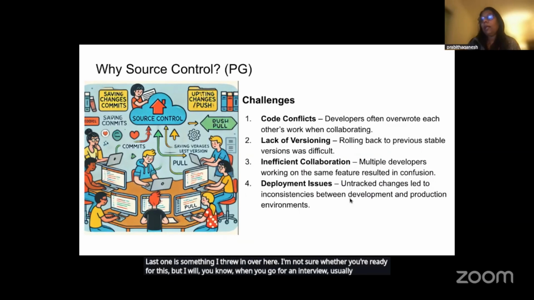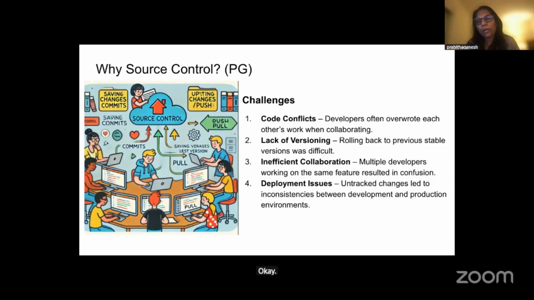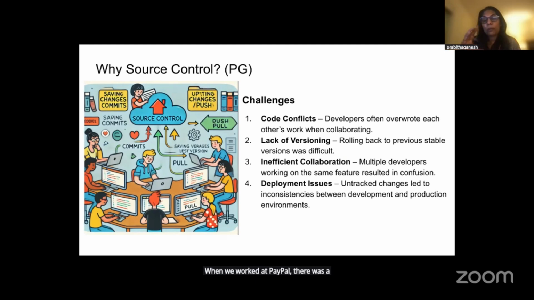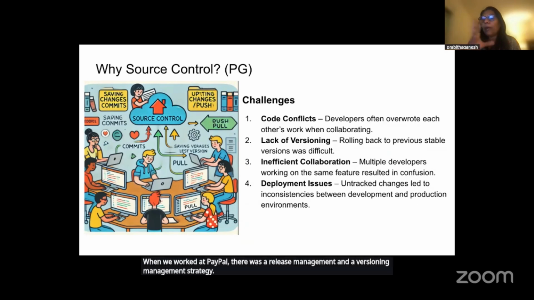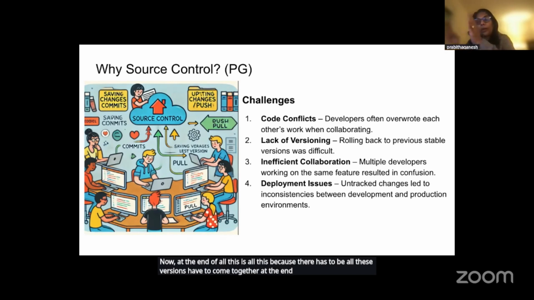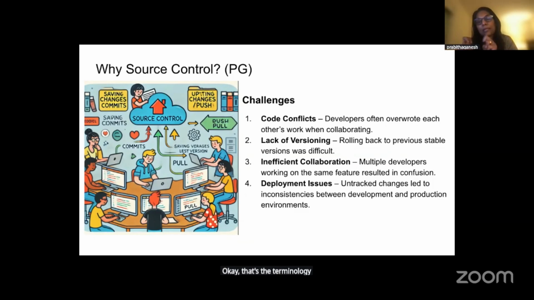The last one is something I threw in over here. I'm not sure whether you're ready for this, but when you go for an interview, they usually ask this too. Writing and creating code is one aspect of it. But remember what I said about PayPal: there was a release management and versioning management strategy. At the end of all this, all these versions have to come together.